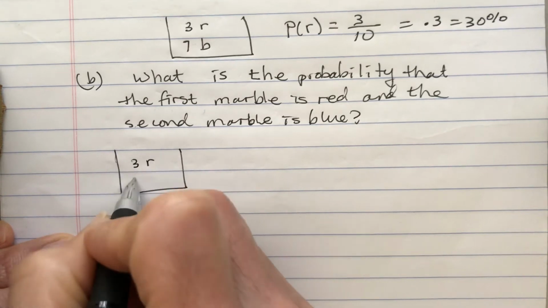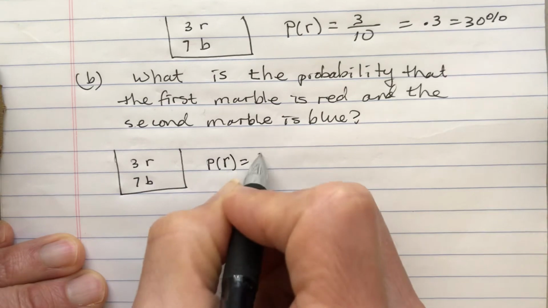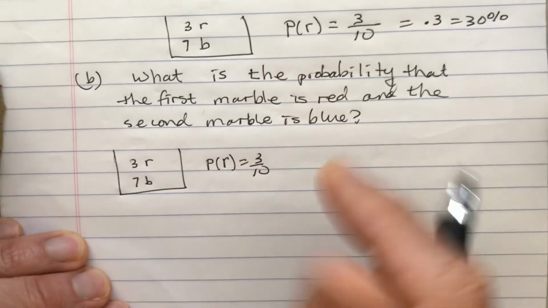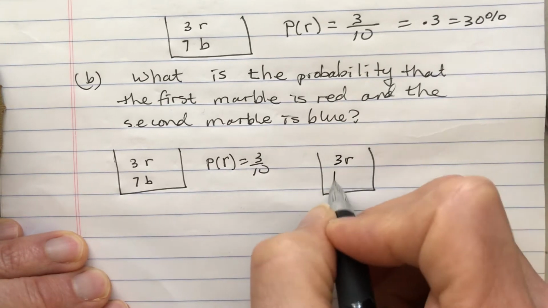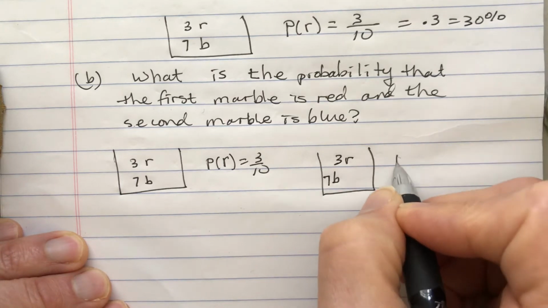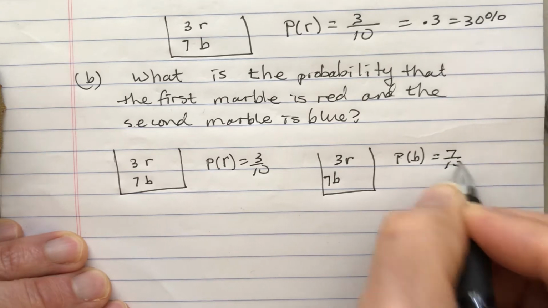We have 3 reds and 7 blues. So the probability of red is again 3 out of 10. Now we take the red out and we put it back in, and you're going to get the same box. So the probability of blue is 7 out of 10.